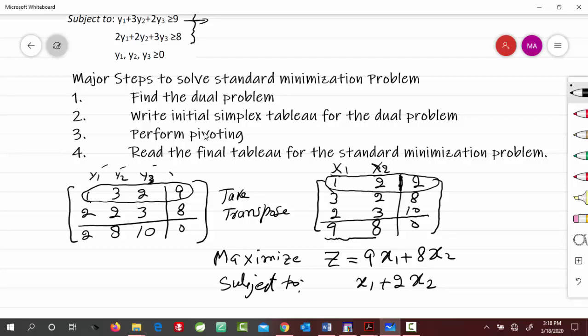and you also know that the inequalities you have to reverse. Here in the original problem the inequalities were greater or equal to, so your inequalities should be less or equal to, and then this here. Similarly from the second one, we would have 3x1 plus 2x2 less or equal to 8.